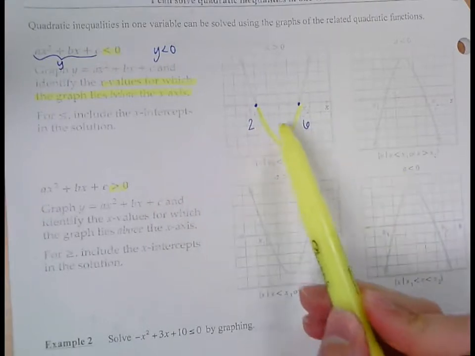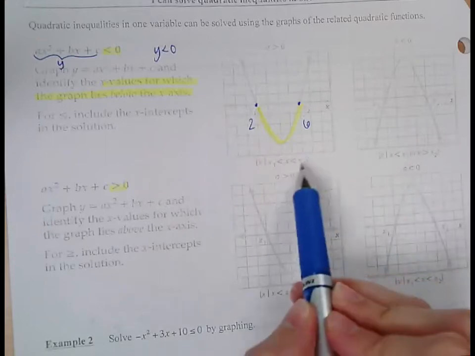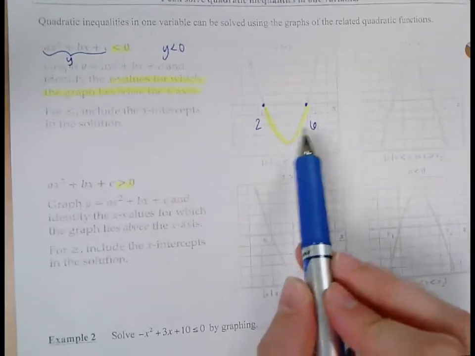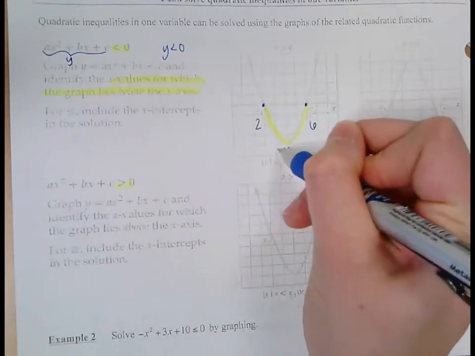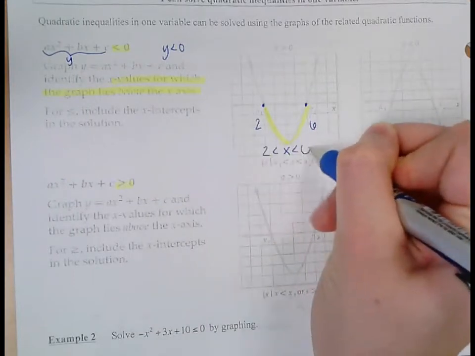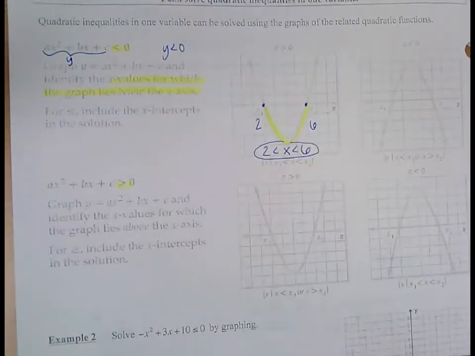So because it's the part of the graph that's between the two x-intercepts, the solution would be x values that are between 2 and 6. So x values between the values of your x-intercepts. Those x values will have corresponding y values that are less than 0, is what that says.